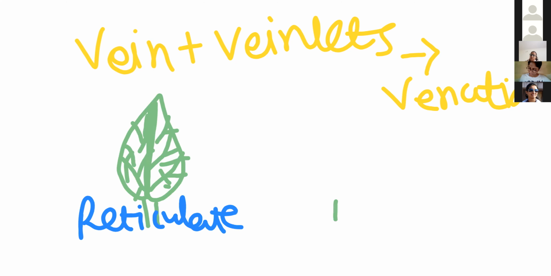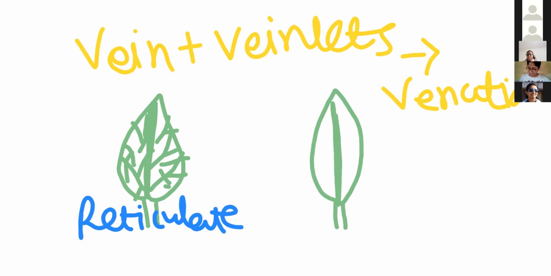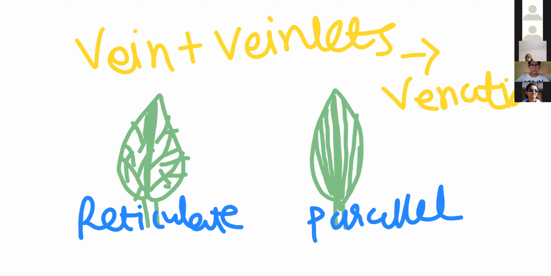And the second type of leaf is one in which this is the main vein and further the veins are arranged parallel to each other. That type of venation we call parallel. One is reticulate, the other is parallel venation, depending on the arrangement of the vein and their veinlets.